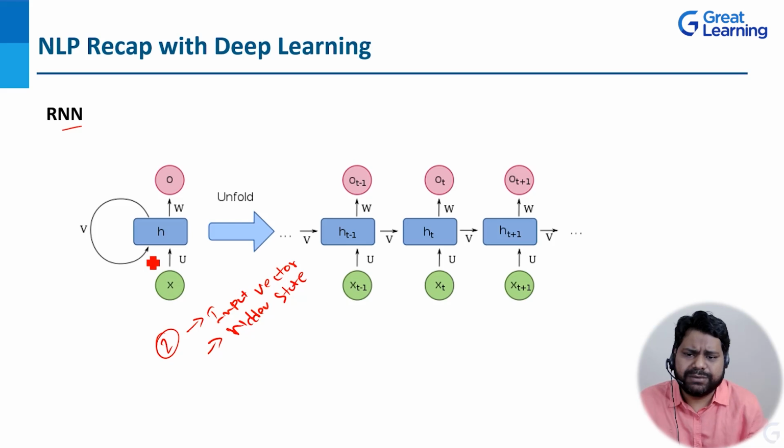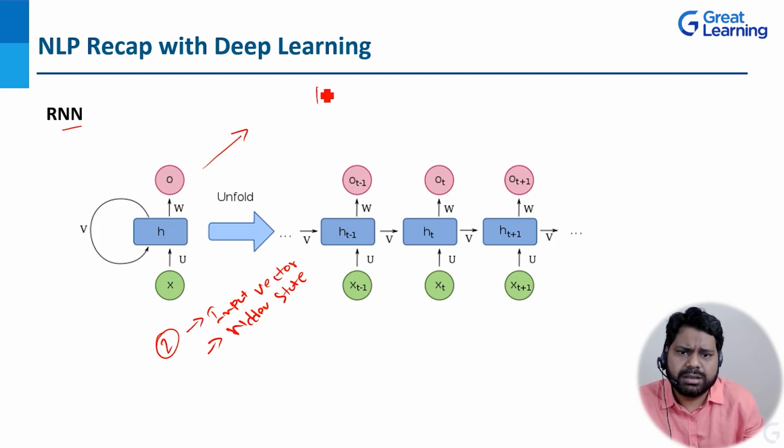Once the model starts, it starts with hidden state 0, or we can say h0.